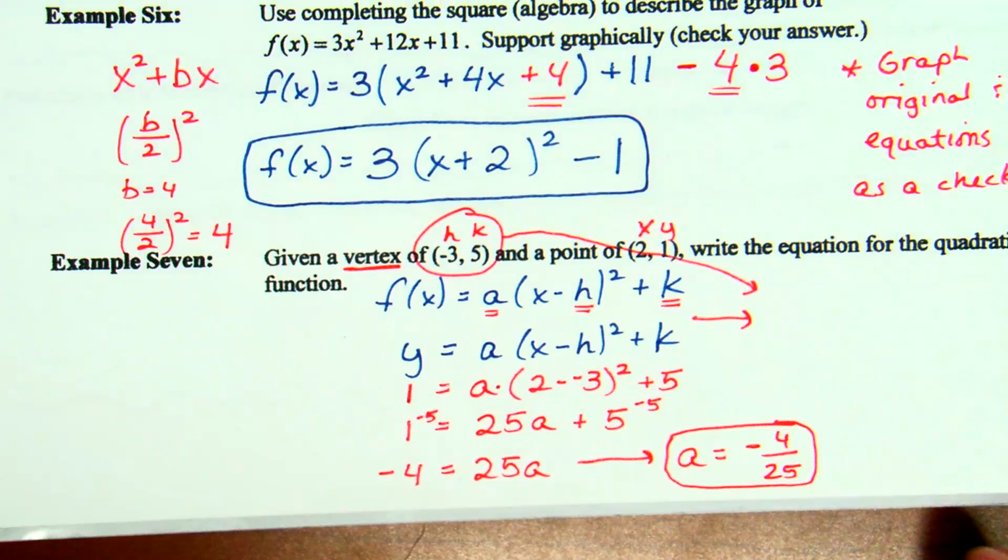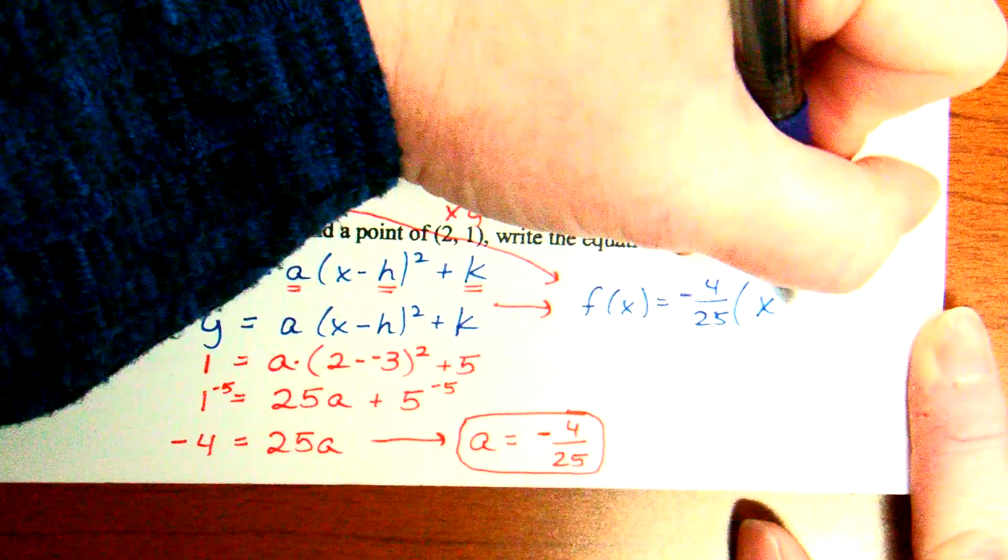So I'm going to use f of x equals, you can use f of x or y, I'm flexible. F of x equals A, negative 4 over 25, x minus h, which becomes x plus 3, quantity squared, and then plus k, plus 5.